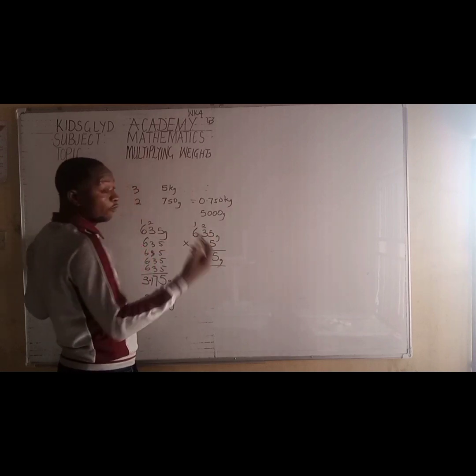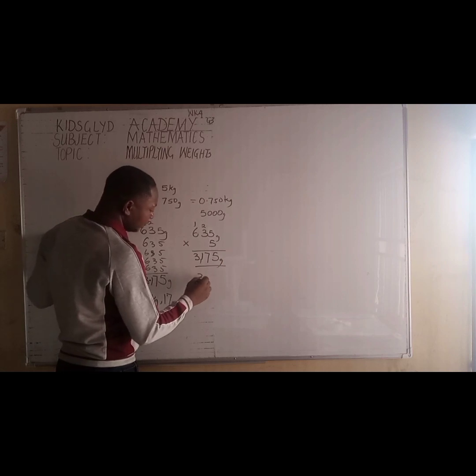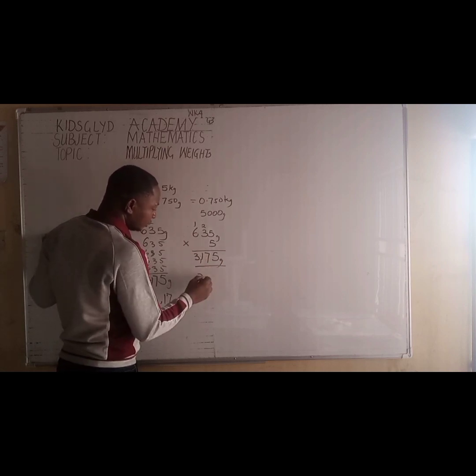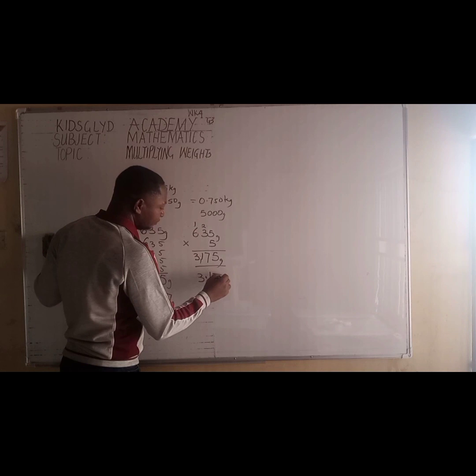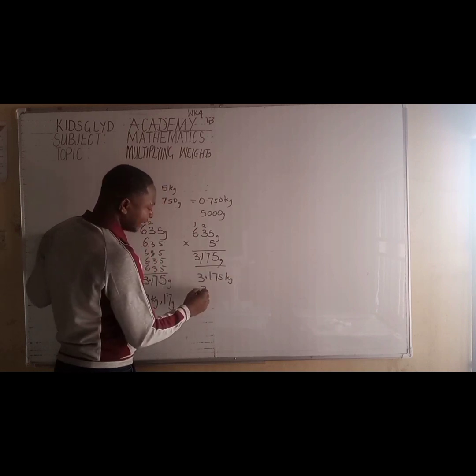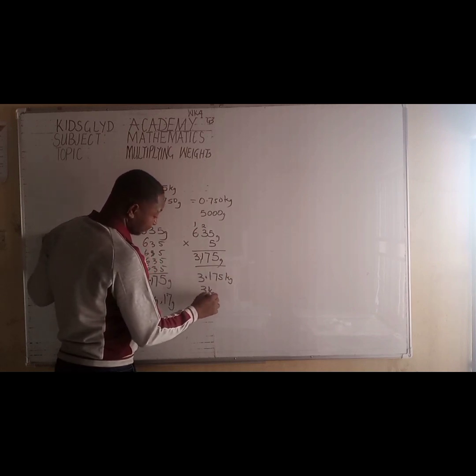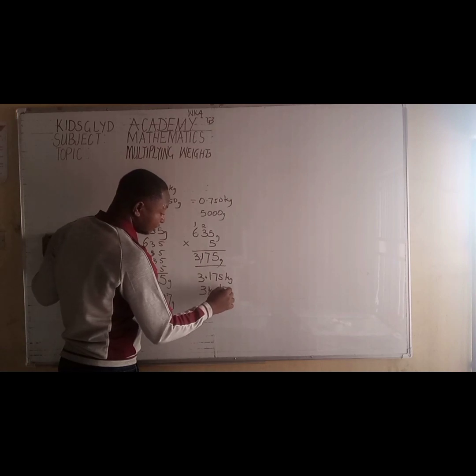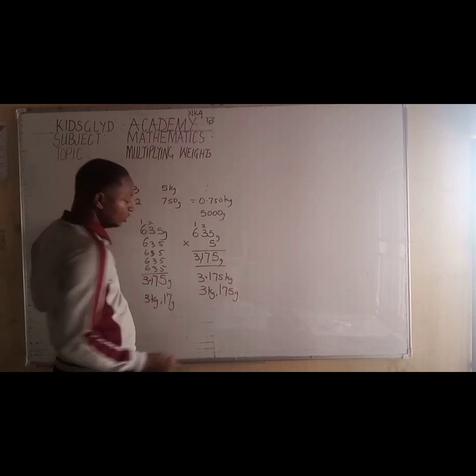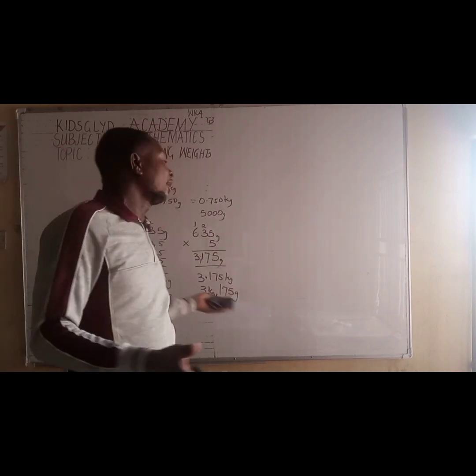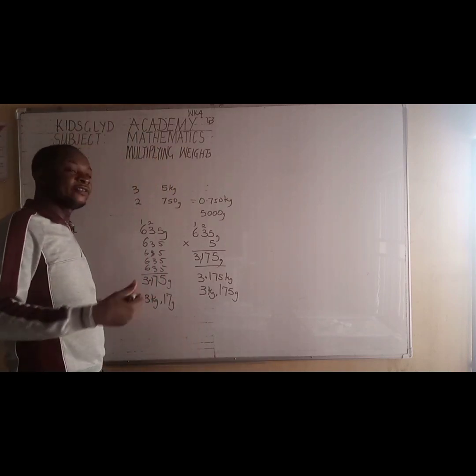And still, if you want to convert it to kilograms, all you need to do is just put your decimal point: 3.175 kg, or you can say 3 kg, 175 grams.